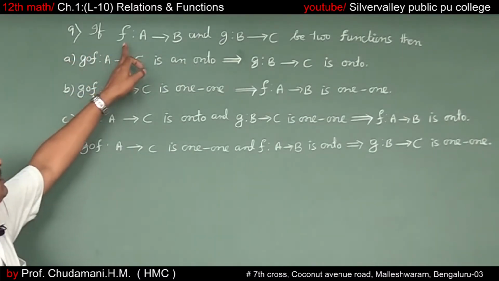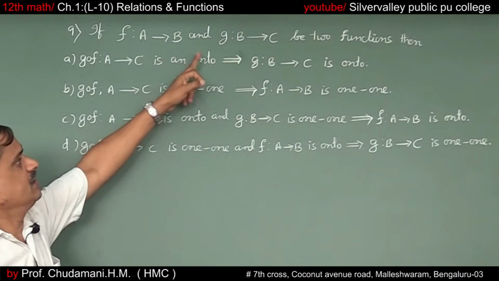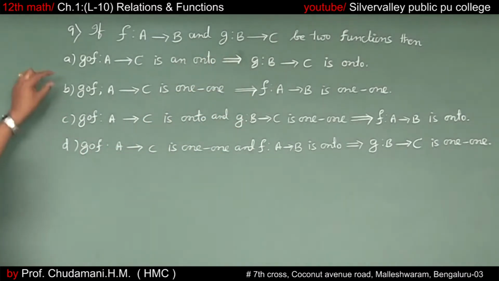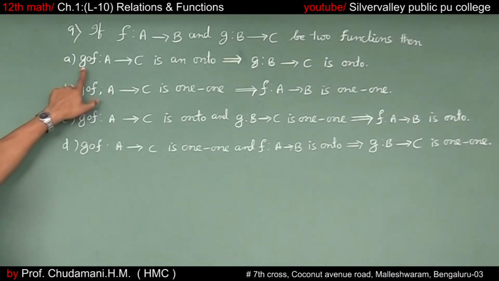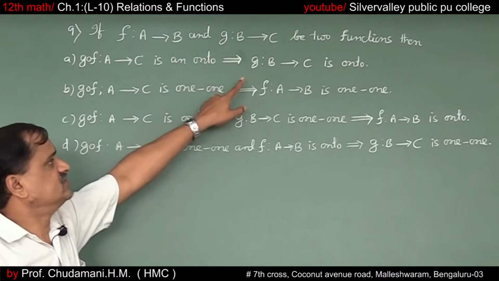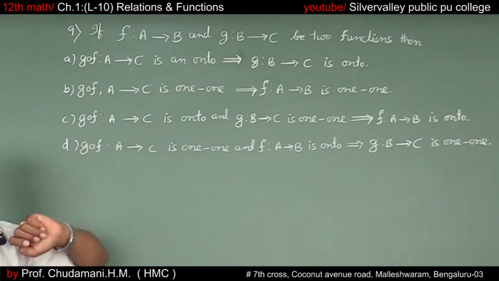Ninth result, if f from A to B and g from B to C be two functions, then we have different cases. If gof from A to C is an onto function, then g from B to C is also onto.